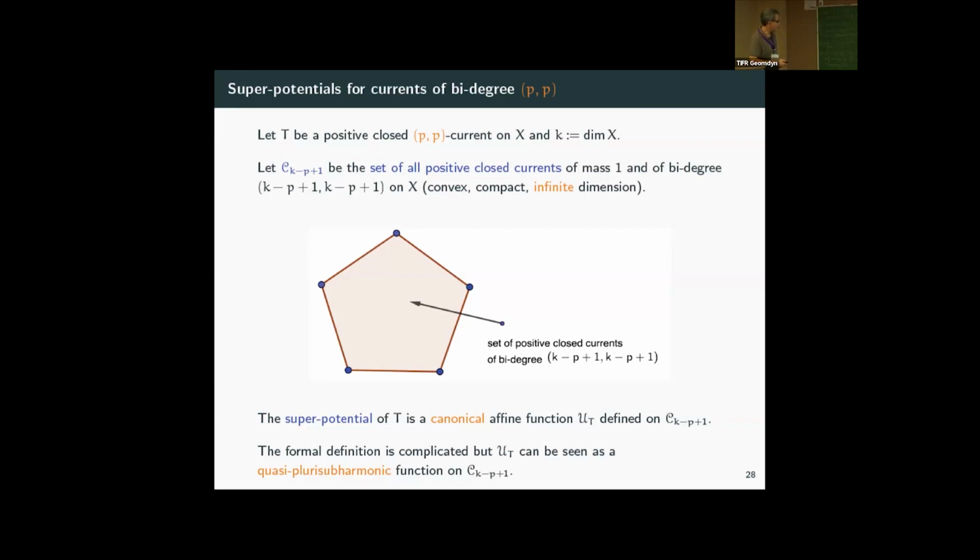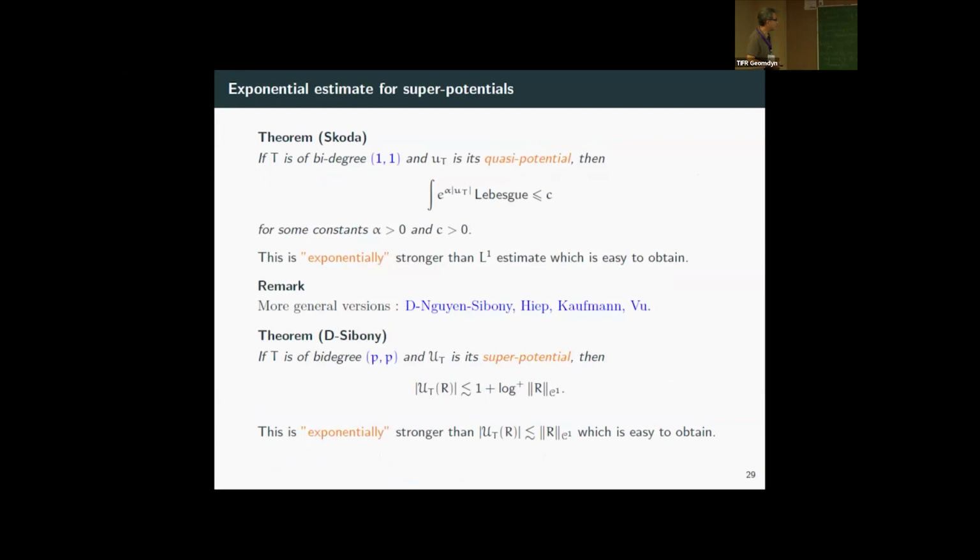Okay, it might be a little bit surprising, but let me give you an example showing that actually we can do that. One of the most important estimates in the case of finite dimension: if you take T of bidegree (1,1), you take the potential U as before. We can forget about alpha, it's not very important.